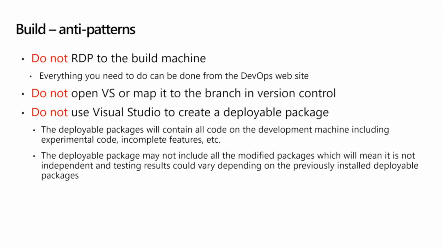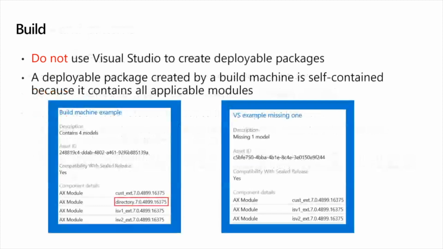That's all handled automatically by the builds, and you never use Visual Studio to create a deployable package instead of a build machine. As I mentioned before, the deployable package will contain all the code on that development machine, whether it was checked in or not, and that is not good for consistency either.